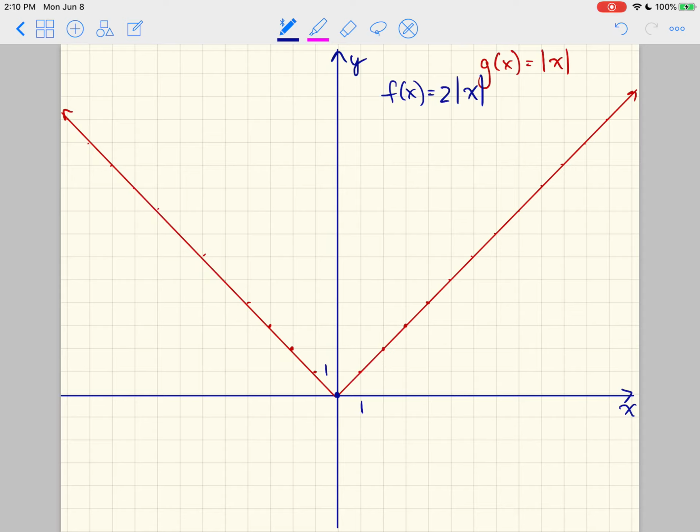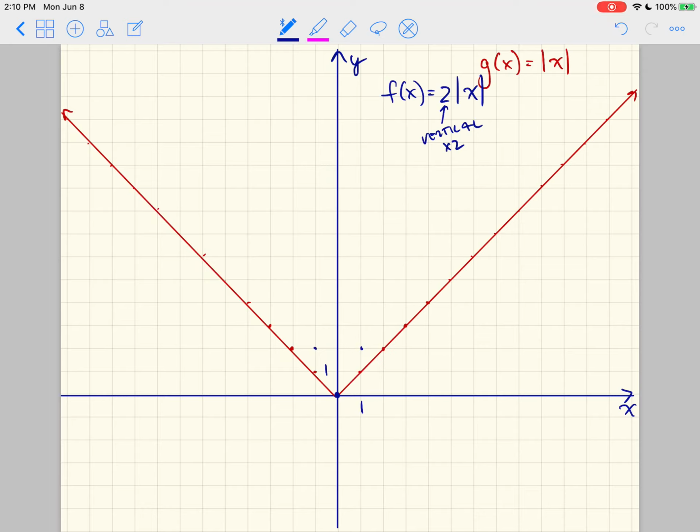So when I am going up, normally I go up 1. But if I multiply that by 2, I'm going to be going up 2 every time. I still go out 1 because this is affecting vertical change. This is saying whatever we do vertically, do it times 2.